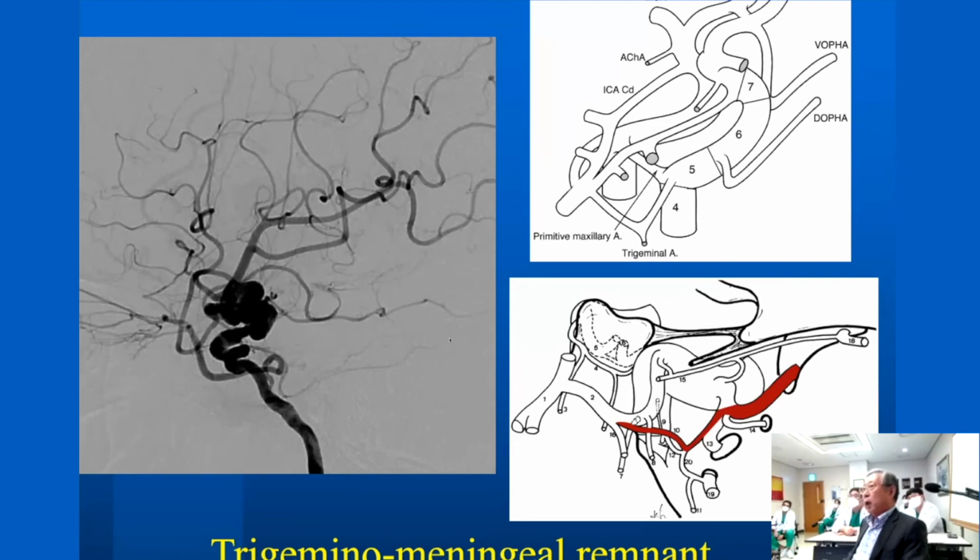Here I put the name trigeminal meningeal remnant. It is complex. Usually the trigeminal artery has an anastomotic branch with this inferolateral trunk and the middle meningeal artery. This connection is remaining, as you can see here.